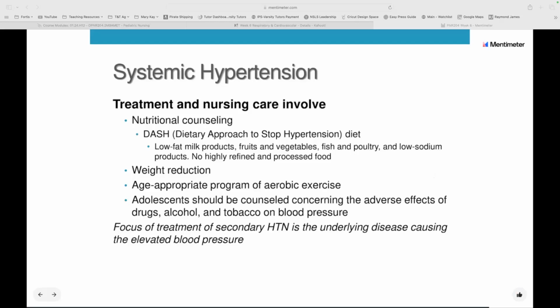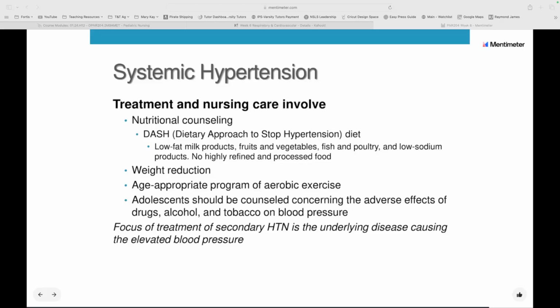So we're doing low-fat milk products, lots of fruits and veggies, looking at lean meats, low sodium, avoiding those highly refined processed foods. They're going to need help with weight reduction, which we know in pediatrics, we typically increase their exercise to help with weight reduction, and finding that form of exercise that makes them excited, that they're willing to do.